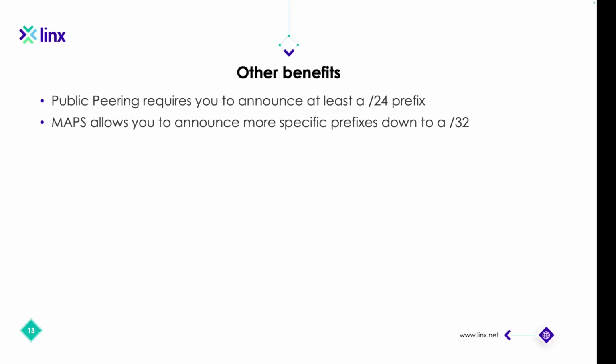We have a couple of members who are actually connected to some of our partners, where it's the partner who does the setup for them, and even the partner allocates them a /29 or a small block as part of a managed service to allow them to make use of the direct peering with Microsoft through MAPS.